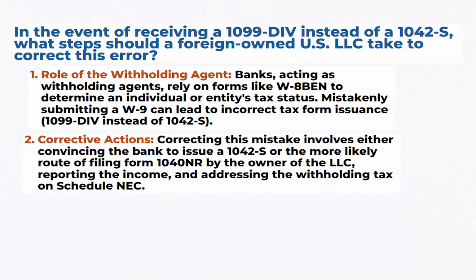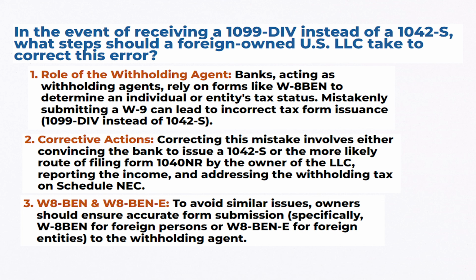Now, going forward, what do you need to do? If you do not want to receive a 1099 DIV to the extent that you have to go and file a 1040-NR, it's always advisable to avoid these similar issues, and you as the owner should ensure that you're giving these payers or banks the appropriate forms. Specifically, if you're a foreign individual, you give these banks a W-8BEN.